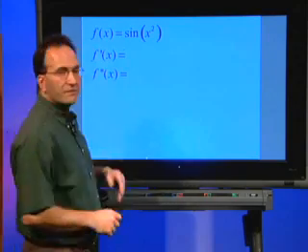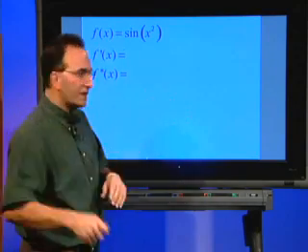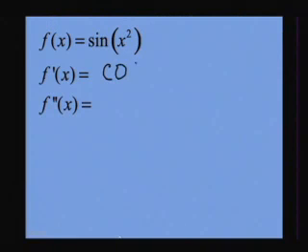So the derivative of sine x is cosine x. However, we have to apply the chain rule to this, which would give us an additional, of course, 2x.